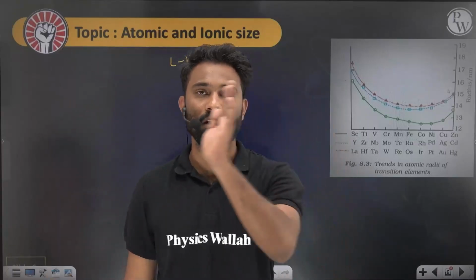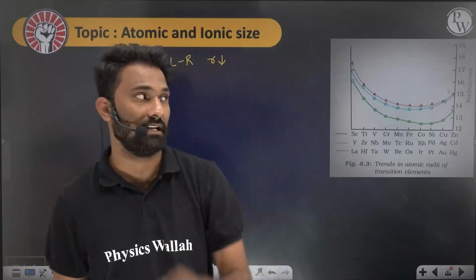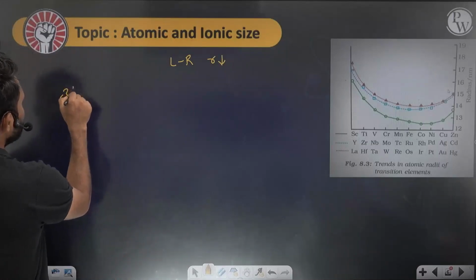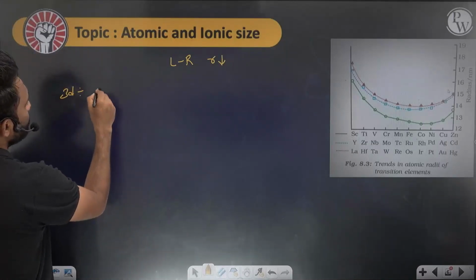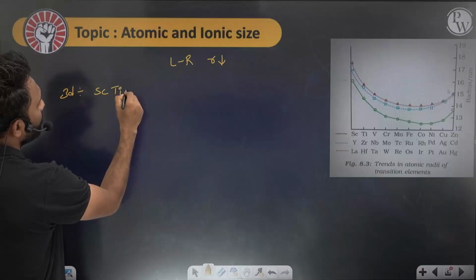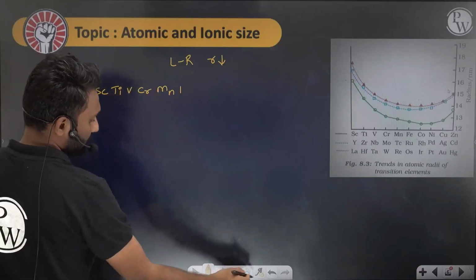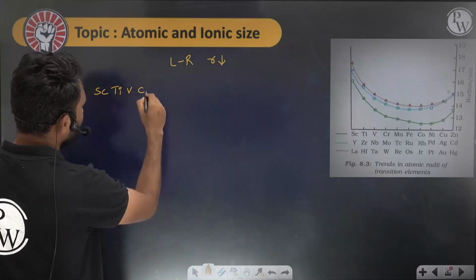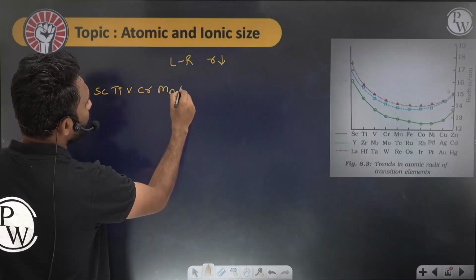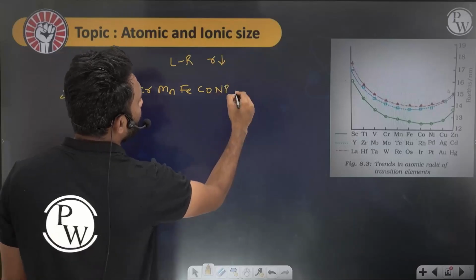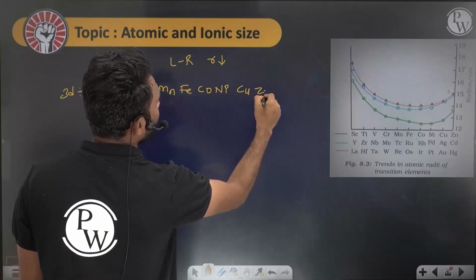When we move from left to right, atomic size decreases ಅಲ್ಲ. But when it comes to the 3d series, 3d series ಯಾವುದು? Scandium, titanium, vanadium, chromium, manganese, ferrous, cobalt, nickel, copper and zinc ಅಲ್ಲ.